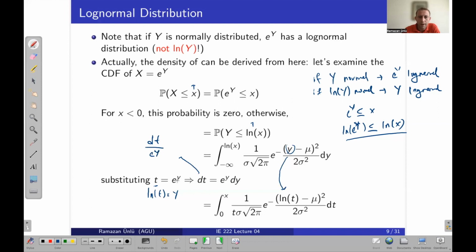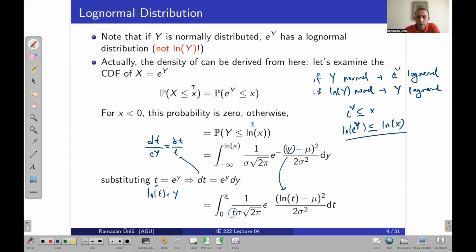And we know that e to the y is equal to t, which is equal to dt divided by t. So instead of dy, we can write dt over t.